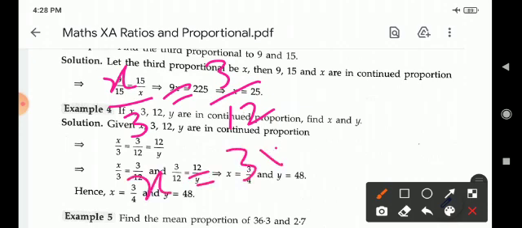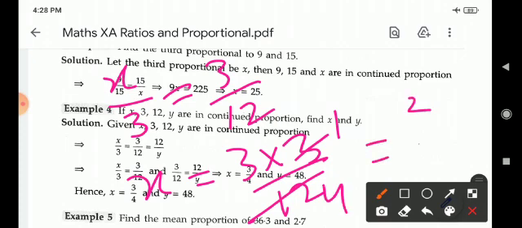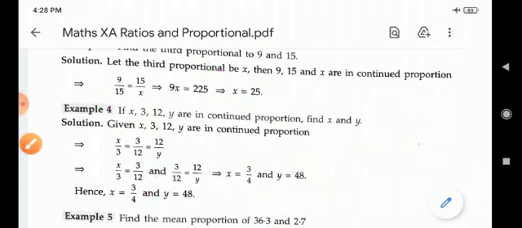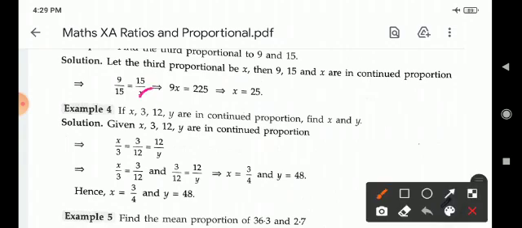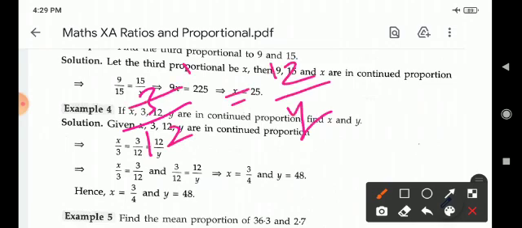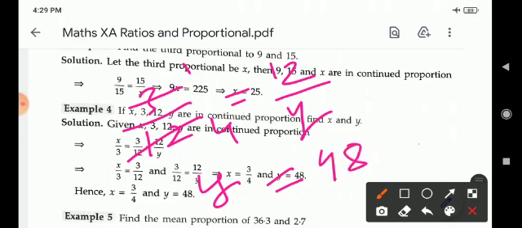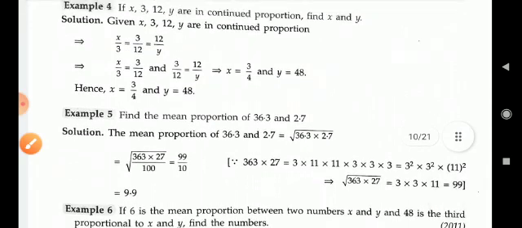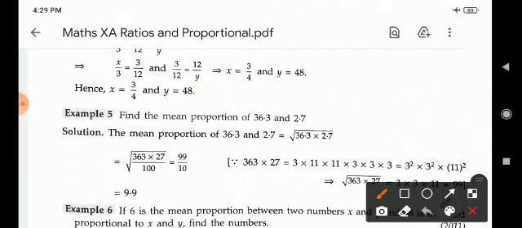Therefore, x equal to 3 into 3 upon 12, that is 3 upon 4. And for y, 3 upon 12 equal to 12 upon y. 3 ones are 3, 3 fours are 12. 1 into 4y, y is equal to 4 into 12, that is 48. y equal to 48. Now next example, last example of this proportion.